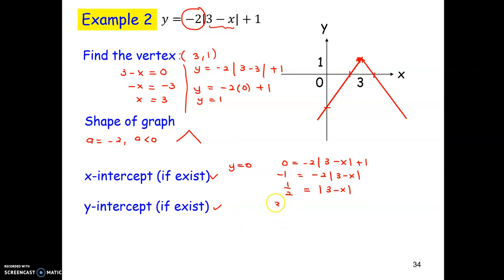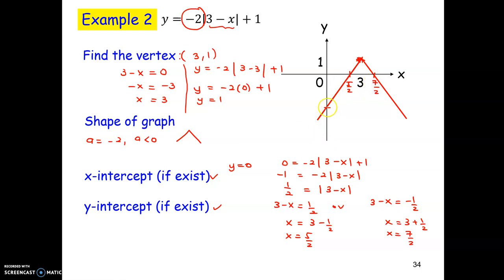So that means 3 minus x is equal to half, or we can have 3 minus x equal to negative half. For this one, x is 3 minus half, which is 5 over 2. For this one, x is equal to 3 plus half, so this is 7 over 2. So we got 5 over 2 and 7 over 2.